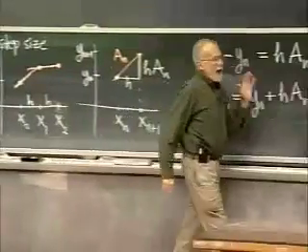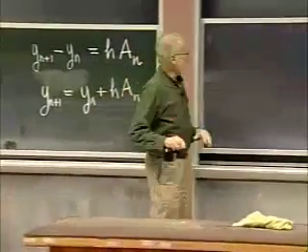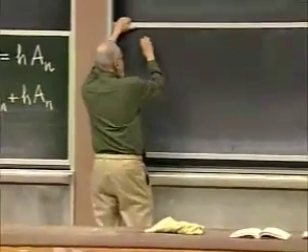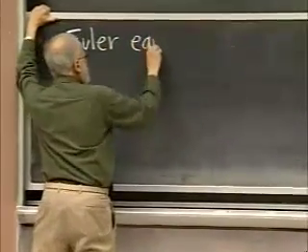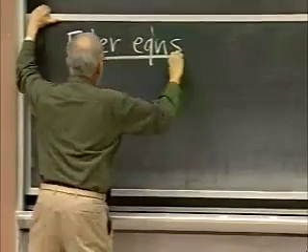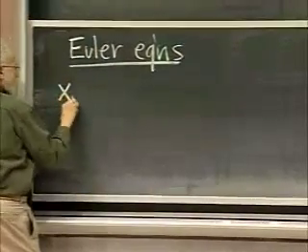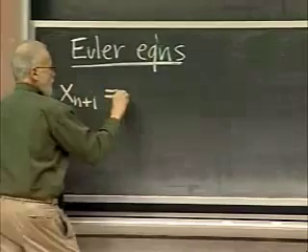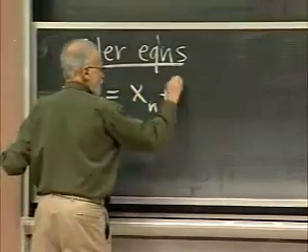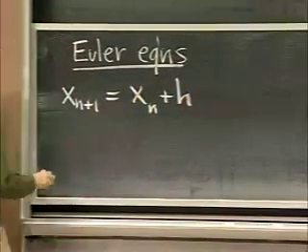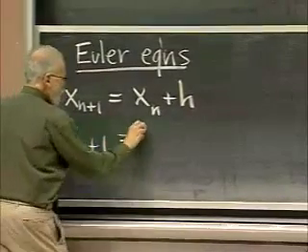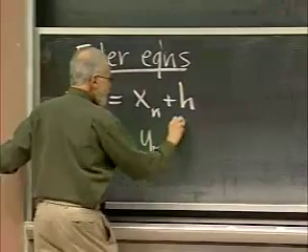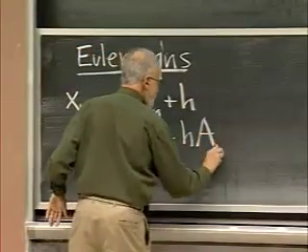Well, the computer has to be told that an is the value of f. So now, with that, let's write the Euler method equations. Let's just call it the Euler equations. What will they be? First of all, the new x is the old x plus h. The new y is the old y plus h times a certain number an.